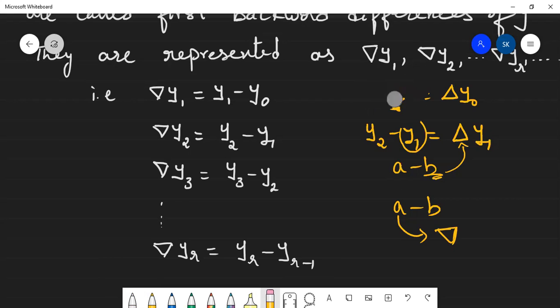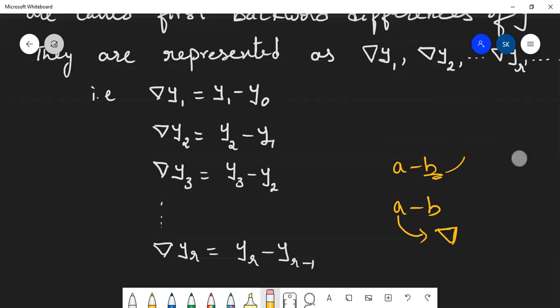I hope you have got the logic of how to write the second differences now. So let's start doing the second backward differences. Now we have seen the first backward differences: backward delta y1, backward delta y2, backward delta y3. So what is this symbol called?